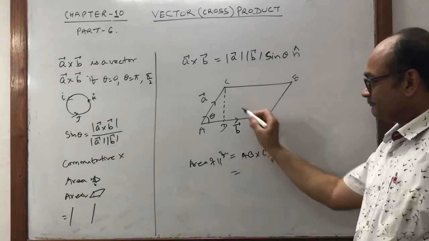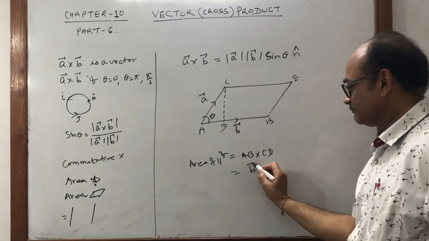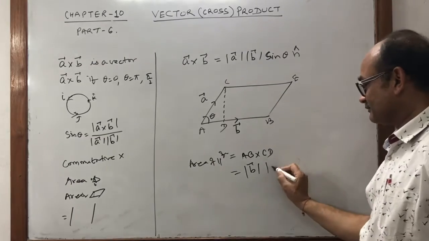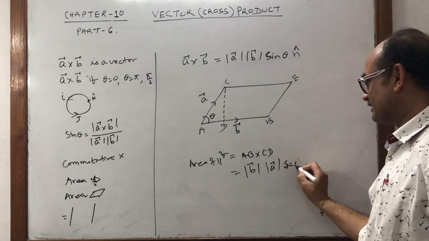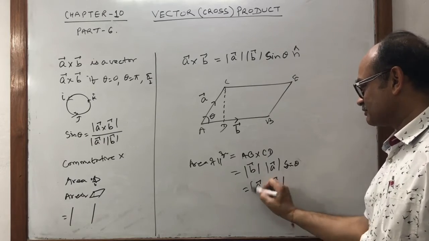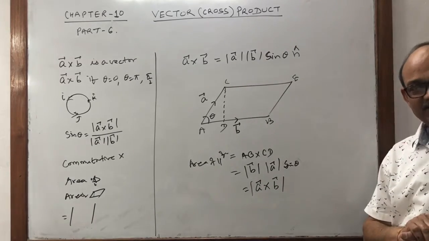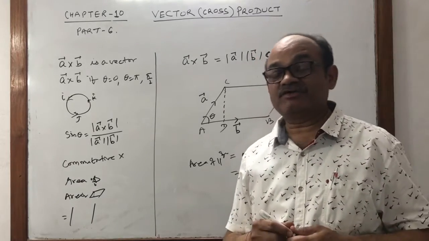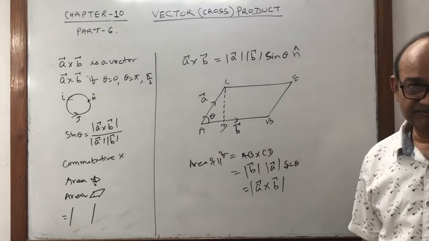So AB, vector B, and height we have just calculated, A sine theta. So the answer is only A cross B. Correct? So in this way, whenever we have some questions, vectors are given, we can calculate the area.